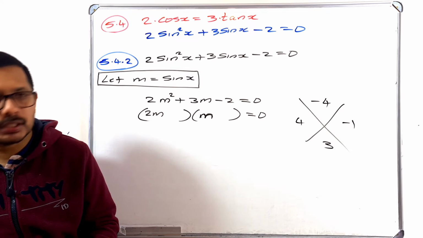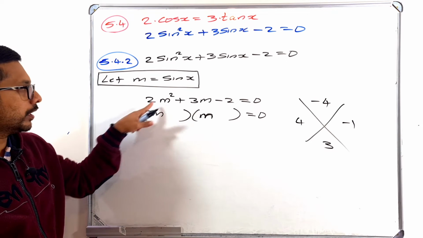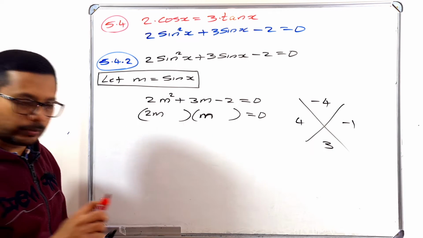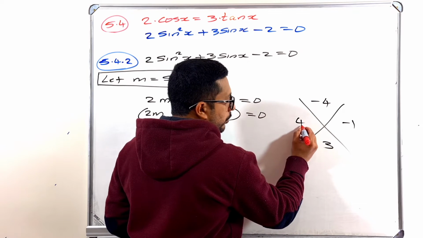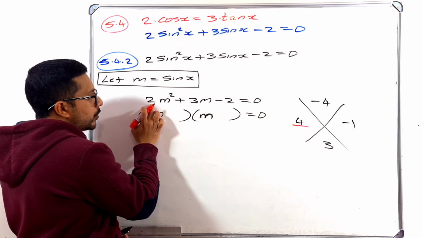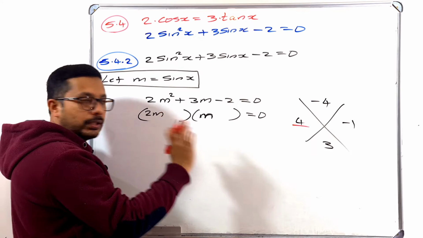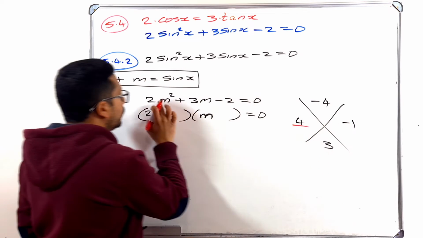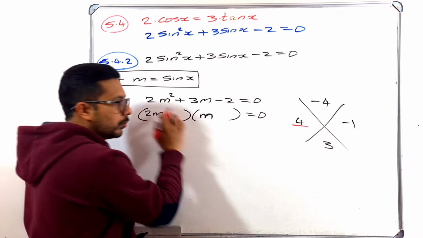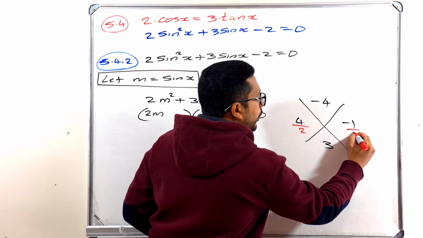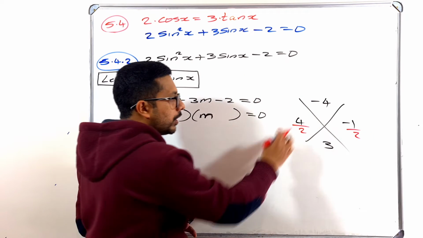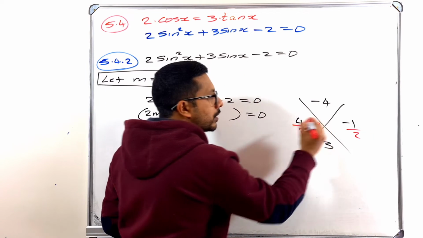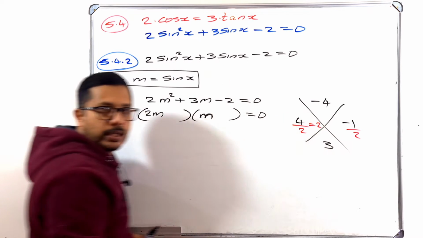What you have to do is, what is the coefficient of m squared here? 2. So I'm going to divide by that 2 the numbers that I got. 4 divided by 2 is 2. Then the other one, minus 1 over 2.